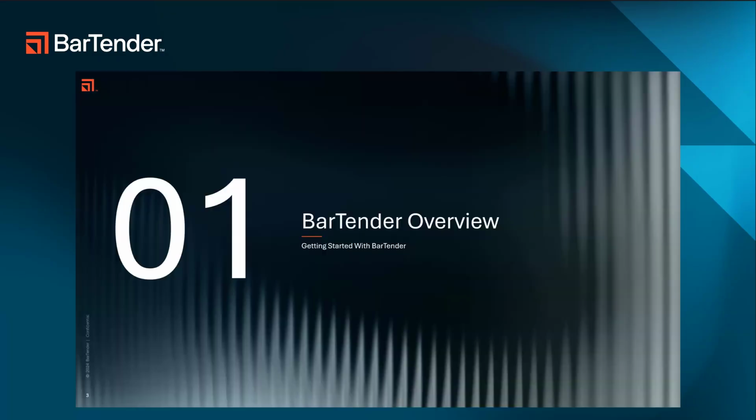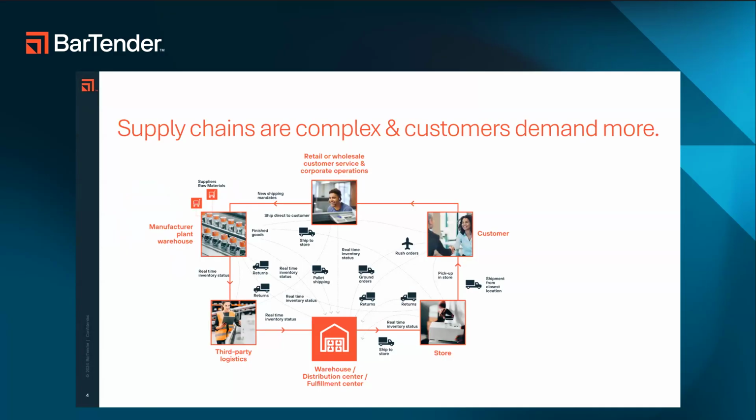But before we get into all things BarTender, I do want to quickly address what is currently happening in the supply chain today. It's no secret that our supply chains have been getting more intricate and complex over the years, from adding new suppliers, new ways of transporting goods, and so on. There's just a lot of moving parts.